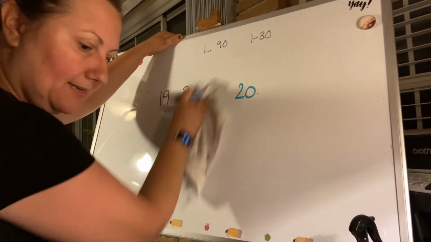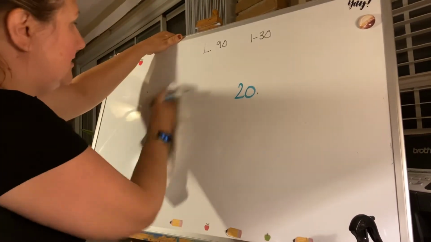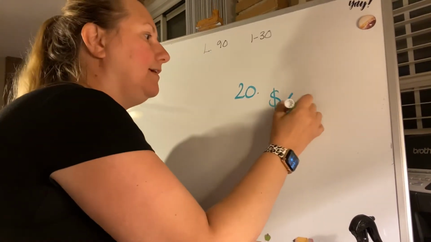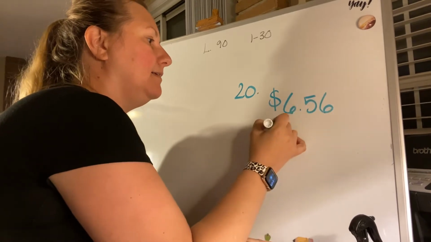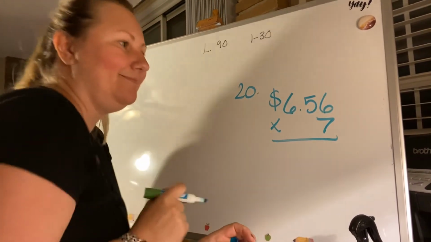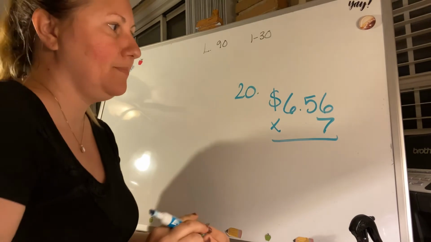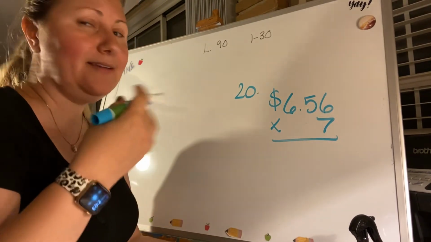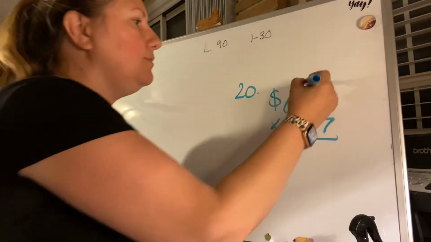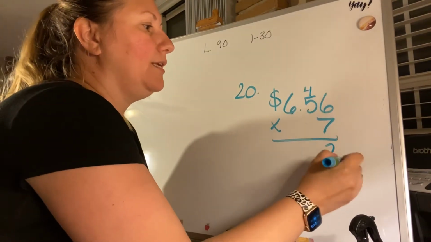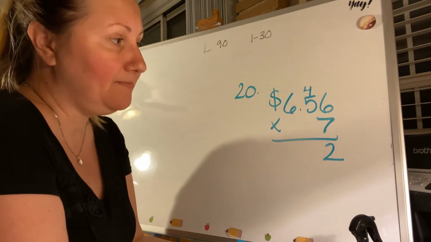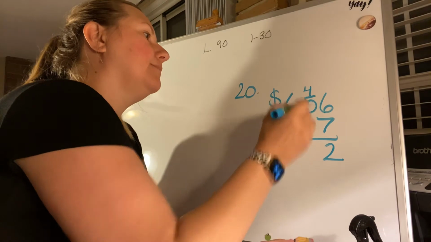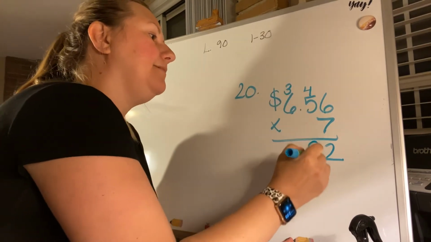Number 20 says $6.56 times 7. So $6.56 times 7. I love this stuff. I hope you're enjoying it. 7 times 6. Well, 7 times 7 is 49. 7 times 6, 42. So the answer is 42. 7 times 5 is 35 plus 4 is 39.